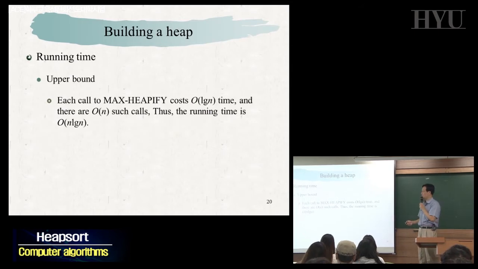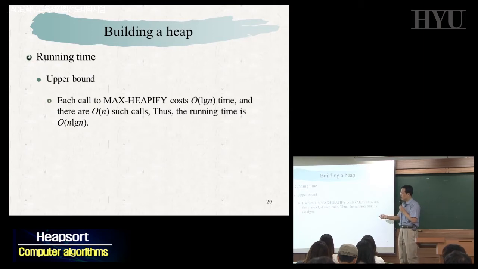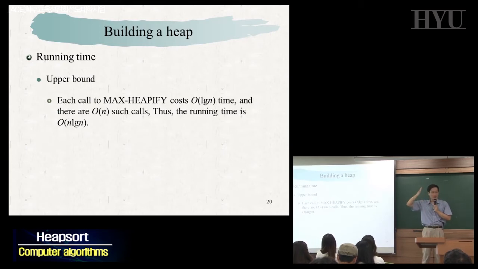Then let's consider the running time. A rough calculation leads to big O of n log n time, because each max Heapify runs in big O of log n time, and we apply big O of n max heapifies.